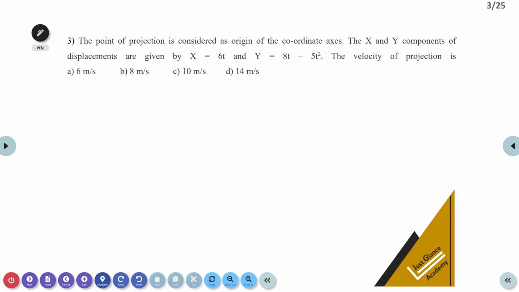Third one. The point of projection is considered as the origin of the coordinate axis. The x and y components are x equal to 6t, then y equal to 8t minus 5t square.